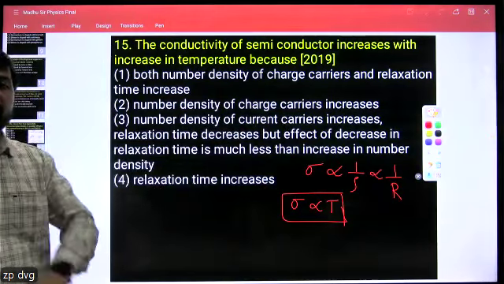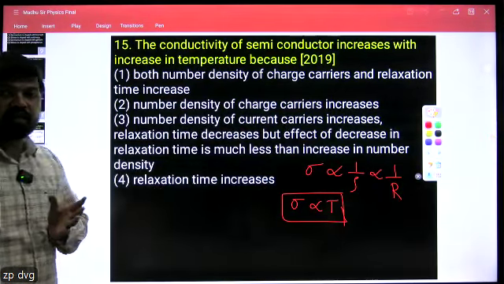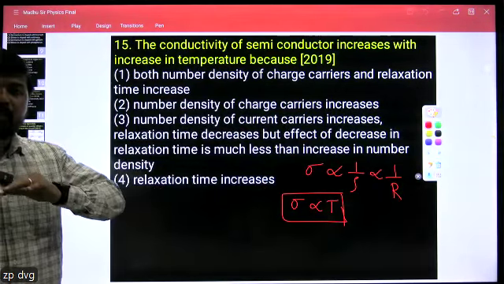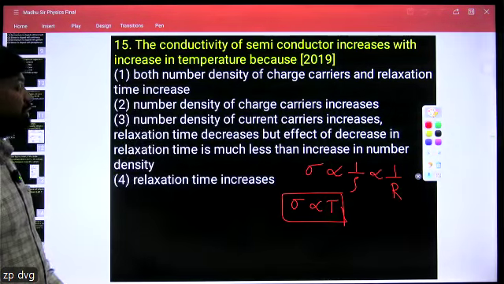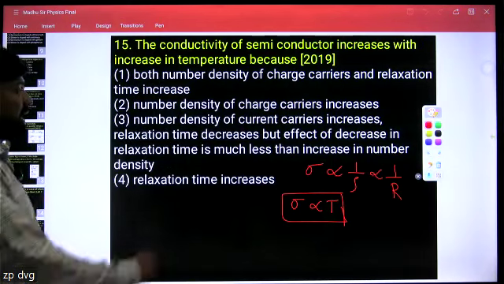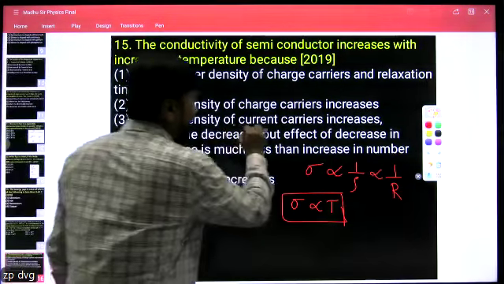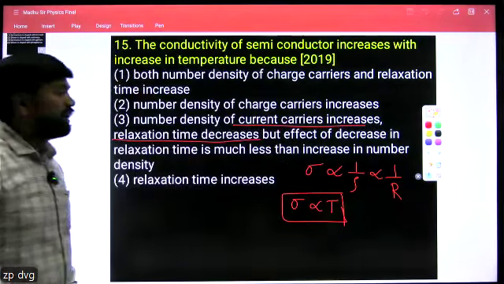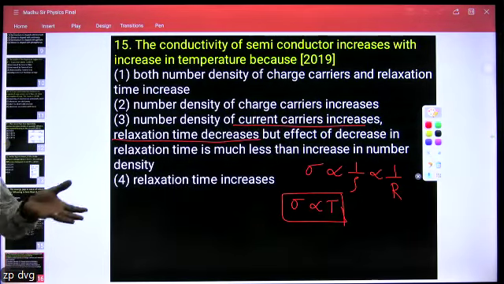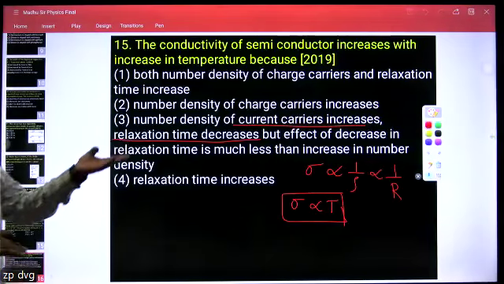Conductivity increases by breaking covalent bonds, so the number of charge carriers increases. The density of current carriers increases and relaxation time decreases.